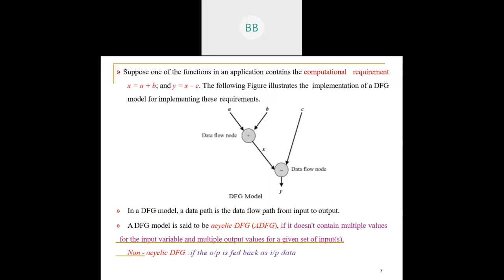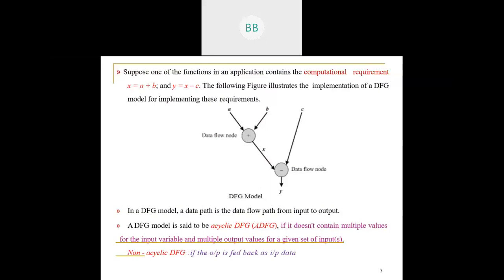DSP is one of the typical embedded system examples that can be implemented using DFG. Now, let me consider an application that has computational requirements like x equals a plus b and y equals x minus b. This can be represented using the DFG model as shown in the diagram.